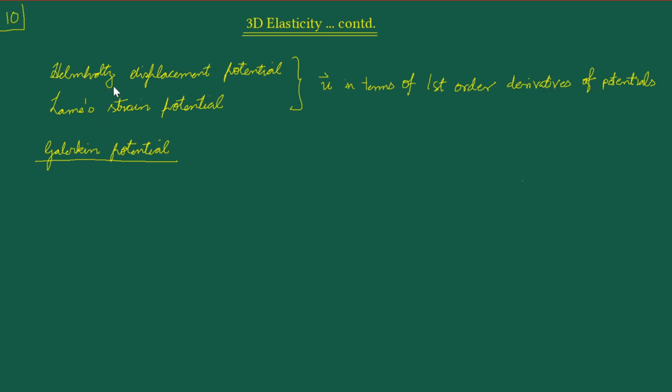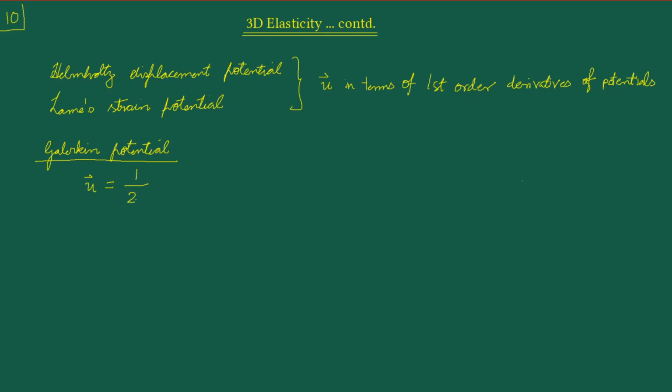In the Helmholtz displacement potential, we had a vector potential, which was our capital omega, if you look back to the lecture notes there. Whereas in the Lamé strain potential, there was a single scalar potential. Now, what Galerkin said was somewhat of a mixture between the two. He is saying that the displacement vector u will be representable in terms of a single vector potential.